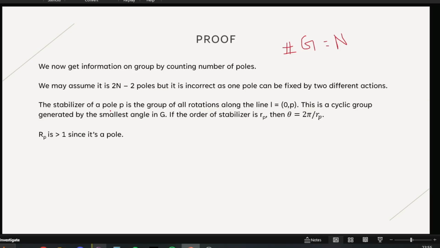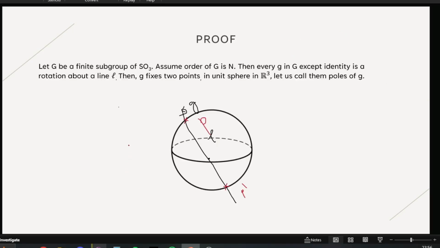So first we will start with the pole P is a set and group G acts on it. When we have a set group action, then we will also have its own orbits and stabilizers. When we take a stabilizer of a pole P, the stabilizer is basically all the rotations along the line 0 to P. So we have this line here, so all the actions along this line.